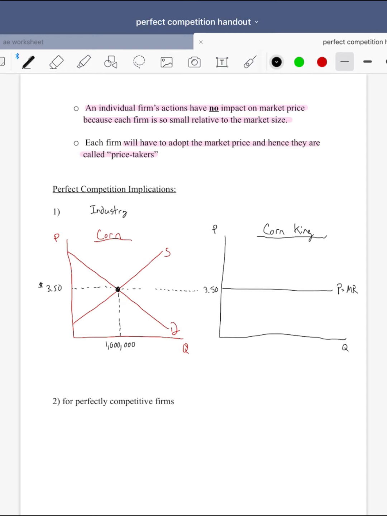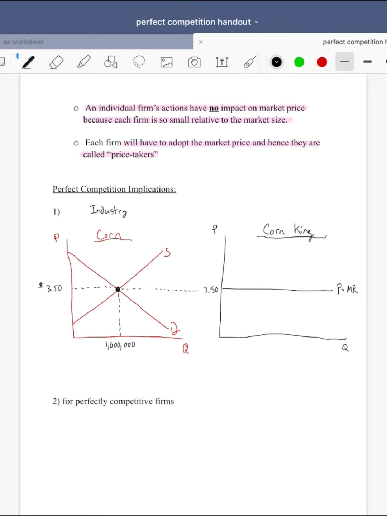So, based off of that information, let's look at how it's going to appear for the individual firm as a result of the interactions of demand and supply. For this individual firm, we're going to see that their demand curve is going to be a horizontal line at whatever the market price is.